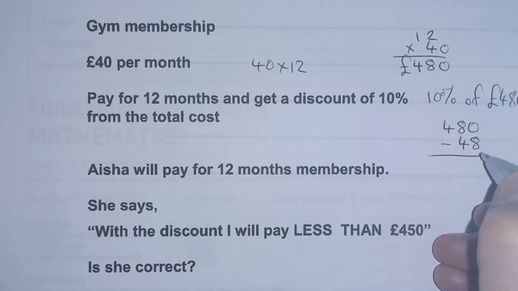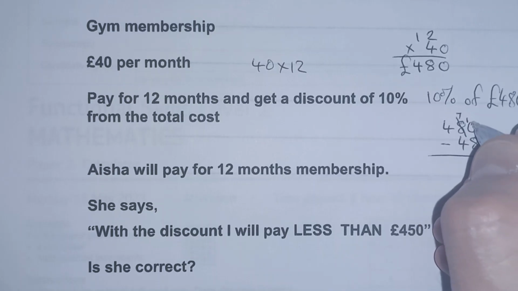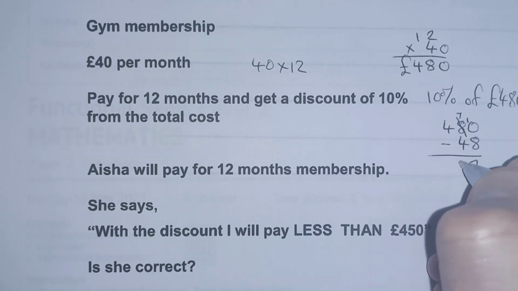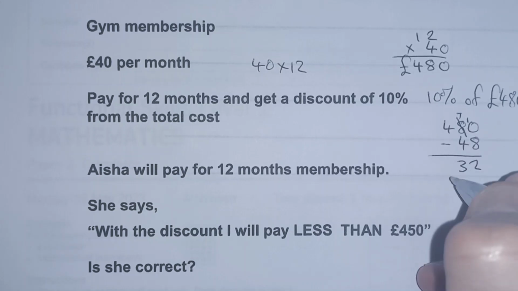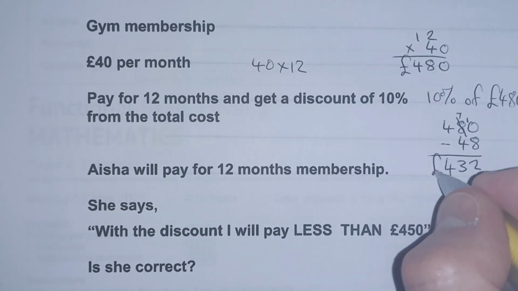So 0 minus 8 we can't do because 8's bigger than 0. So reduce the 8 to 7, pass 1 over to make that 10. 10 minus 8 is 2. 7 minus 4 is 3. 4 minus nothing is still 4. So we've got £432.